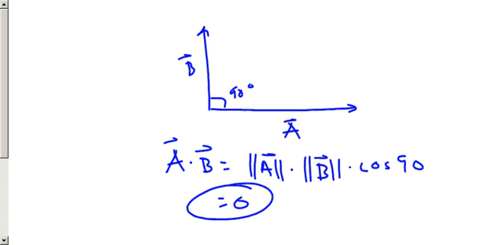So the dot product there is 0, and if we get back to our formal definition, this makes sense because there is no B in the direction of A. So we can't multiply any values together because there's absolutely 0 B in the direction of A.